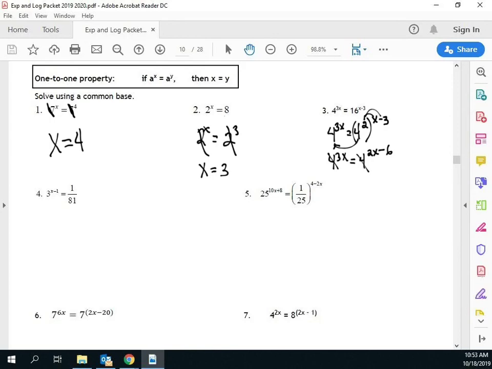There you go. And we're left with? And now we just have a linear function we're solving, right? So 2 moves over. Wow, one step and done.